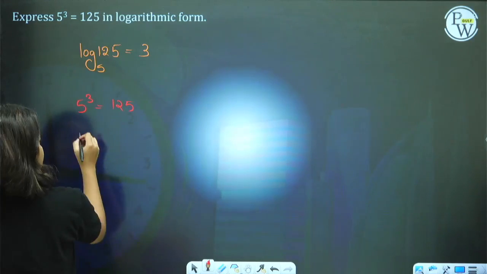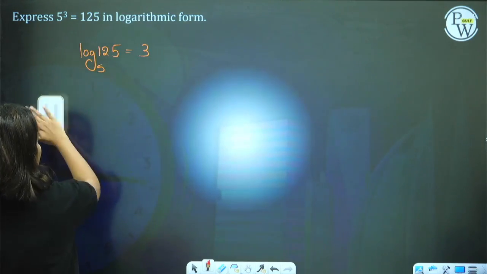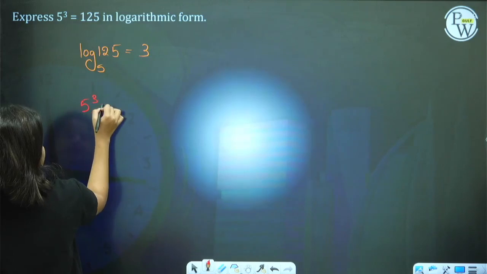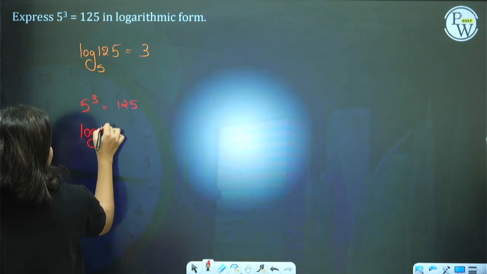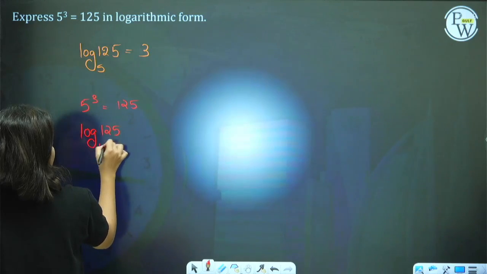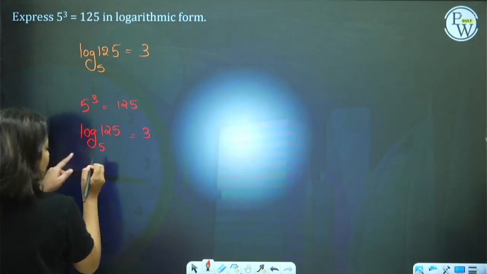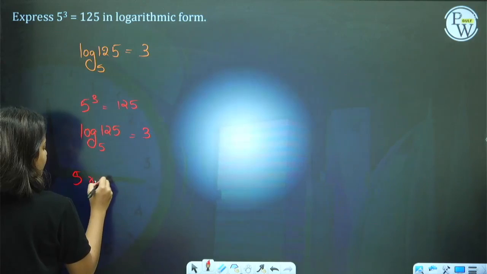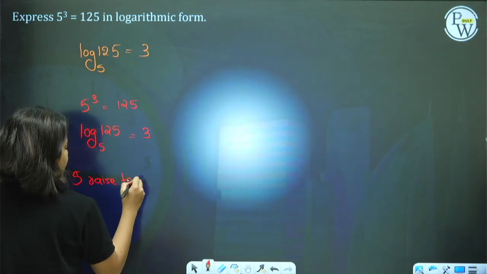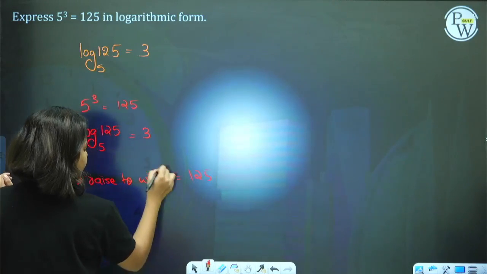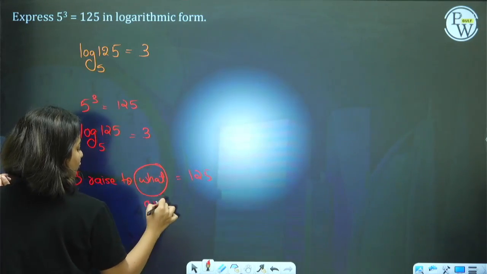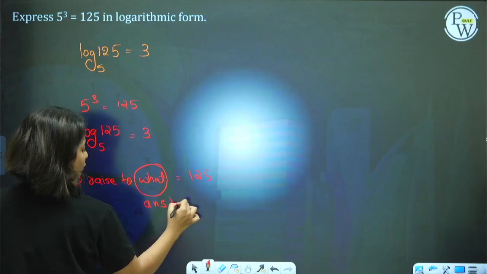Expressed in logarithmic form, log of 125 to the base 5 is equal to 3. You ask, 5 raised to what will give me 125? This what is the answer to your log.